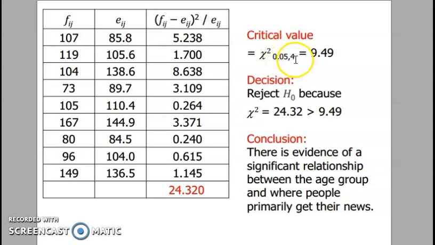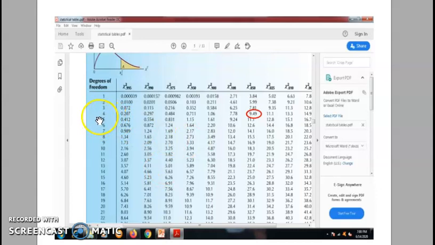We have 3 columns, so 3 minus 1 is 2, and 2 times 2 is 4. So we need to find the value for 4 degrees of freedom at alpha 5%, 0.05, in the chi-square table. The critical value is 9.49.